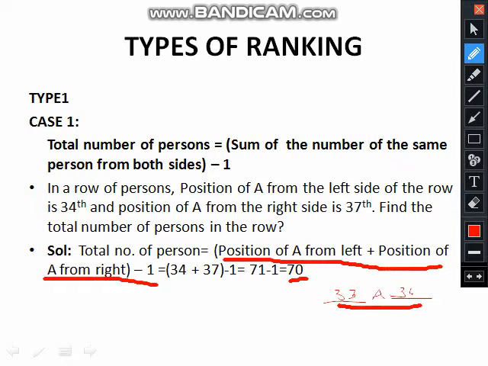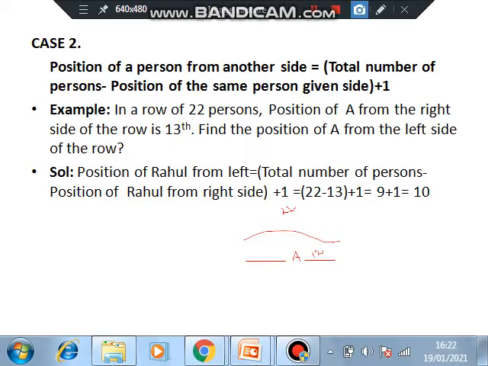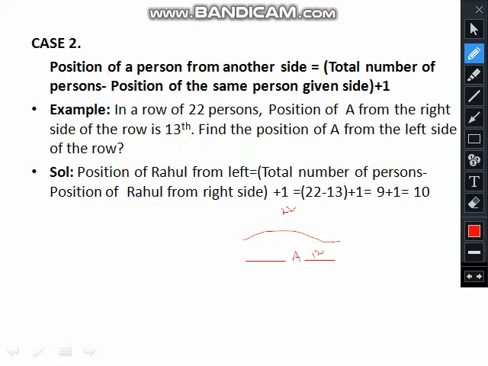The next case is where we have to find the position of a person from one side, given the total number of persons and the position of the person from the other side. See the example. In a row of 22 persons, so the total number of persons is 22. The position of A from the right side of the row is 13th, which means there are 12 persons before him from the right. Find the position of A from the left side of the row.